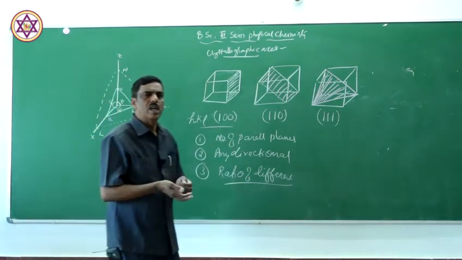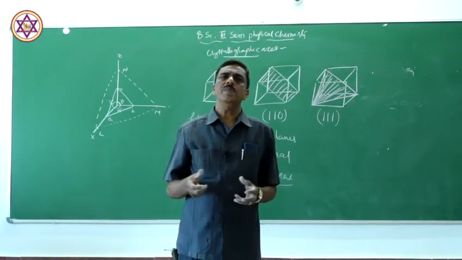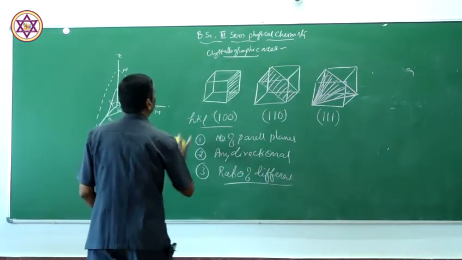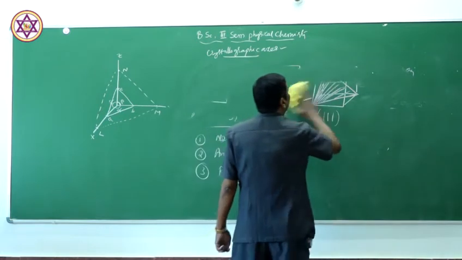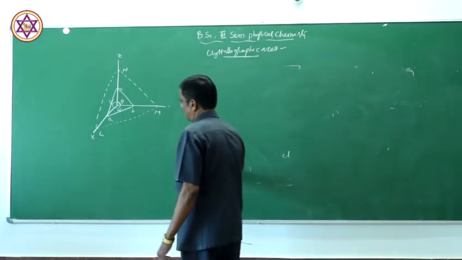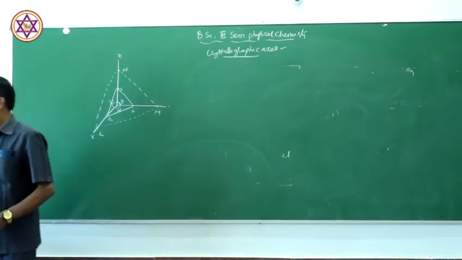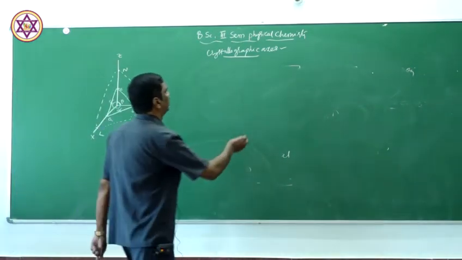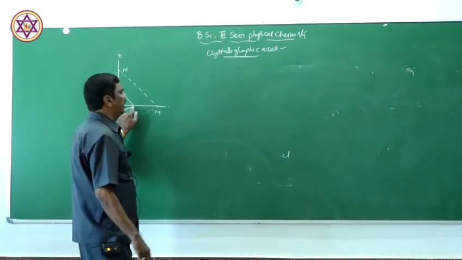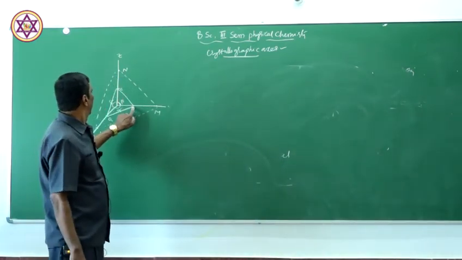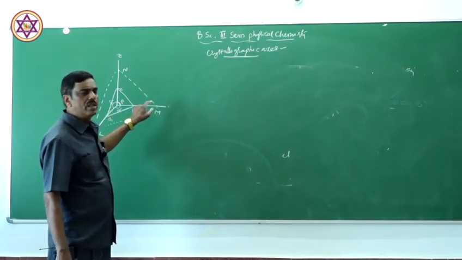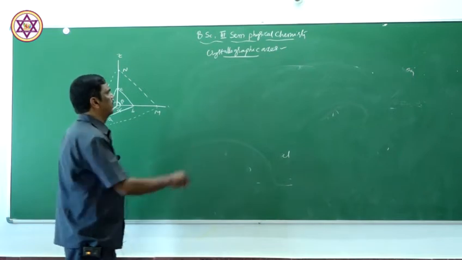So now let us see what types of geometrical shapes are possible in a crystal. Depending upon the edge length and interfacial angles, there are so many crystal shapes.